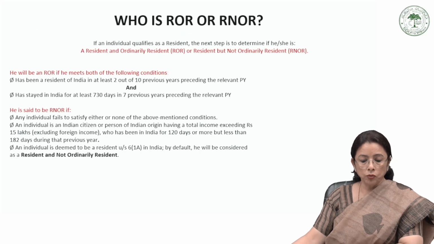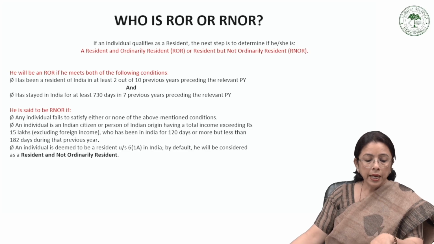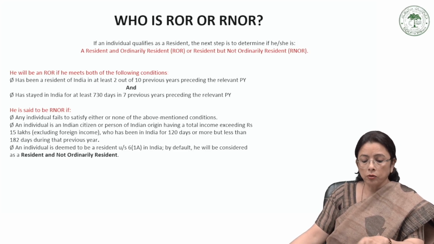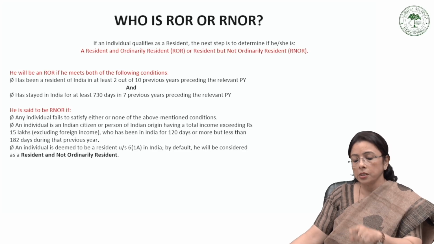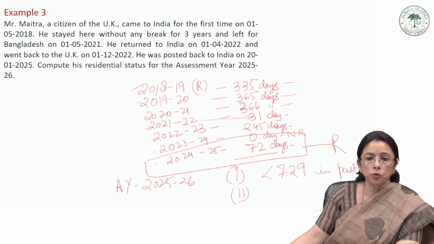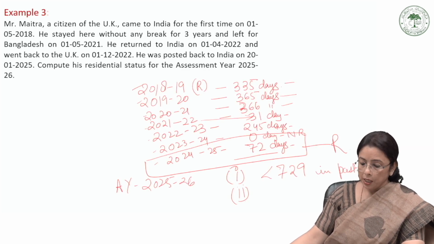And now coming to the second additional condition, that he has been residing in India at least 2 out of 10 previous years preceding the relevant year, and 730 days in 7 preceding years. So coming back to this one, yes. Is he completing 2 years? Yes.